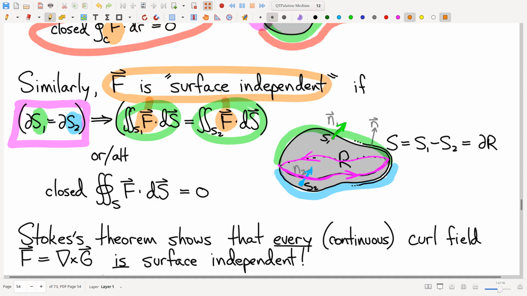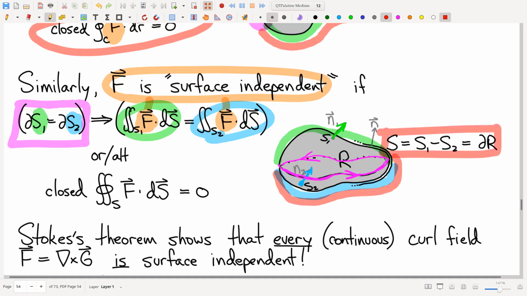Oh, I got my color wrong. I'm sorry. Somehow the green flux through this surface and the blue flux through this totally different surface should always be the same. Again, seems outrageous.